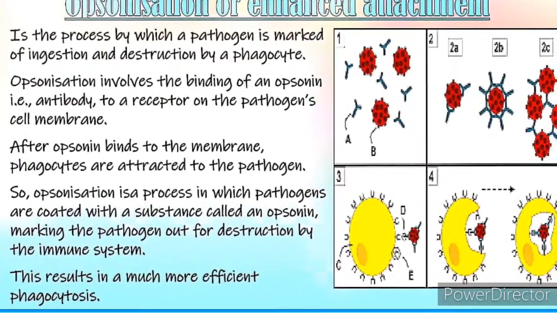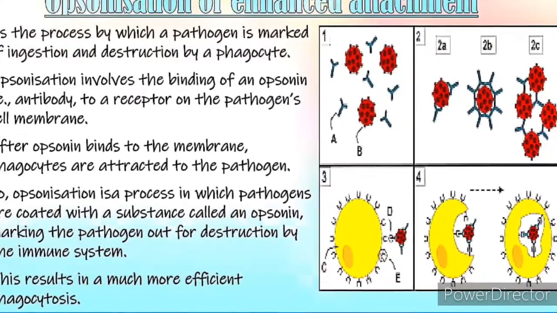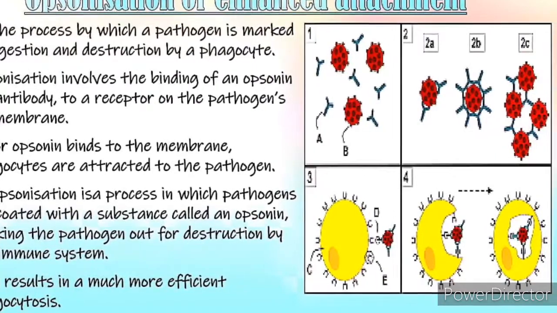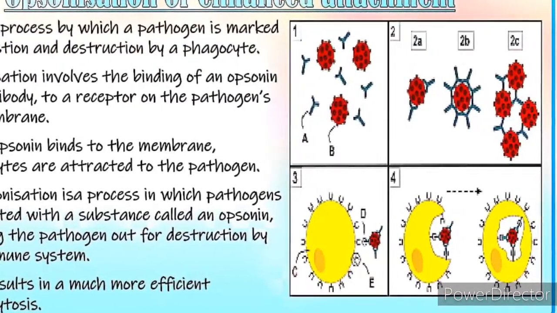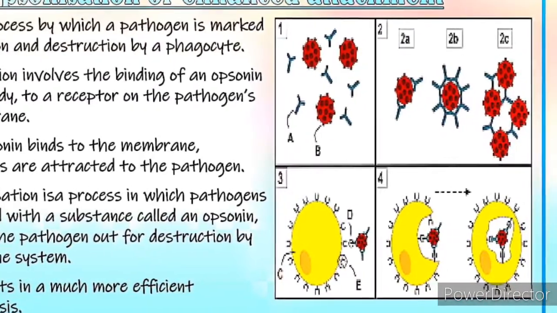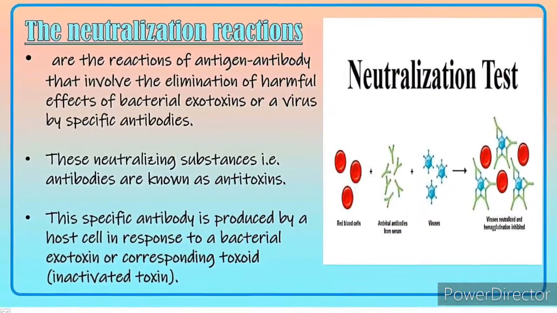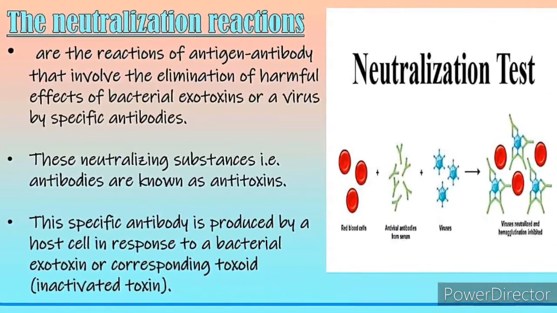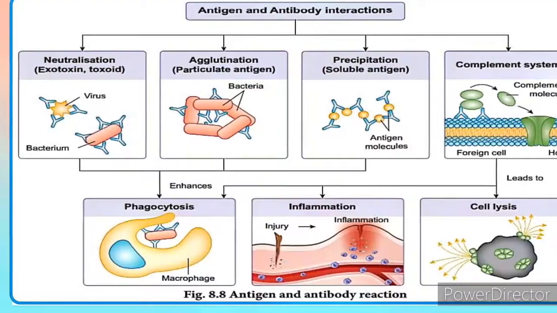Next, opsonization or enhanced attachment is the process by which a pathogen is marked for ingestion and destruction by a phagocyte. Opsonization involves the binding of an opsonin. You can see it in the picture. Neutralization reaction is the reaction of antigen antibody that involves the elimination of harmful effects of bacterial exotoxins or virus by specific antibodies.